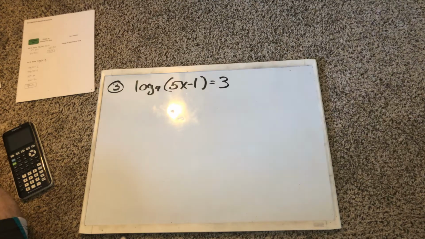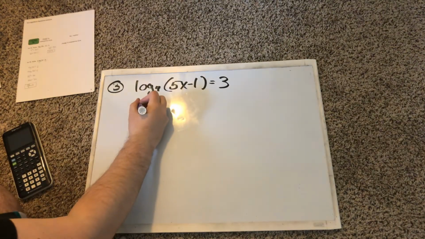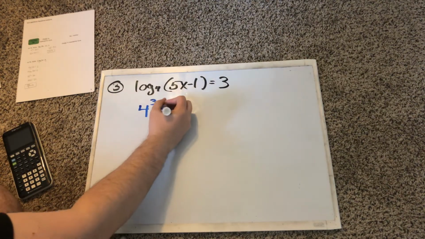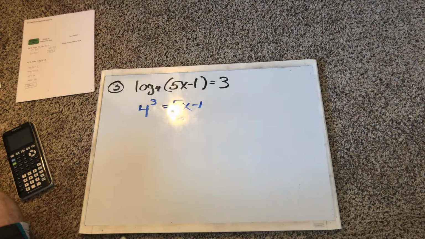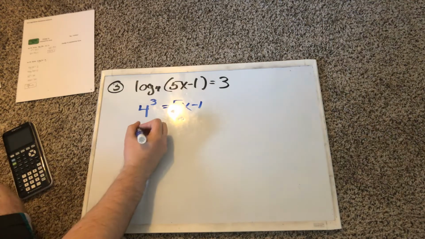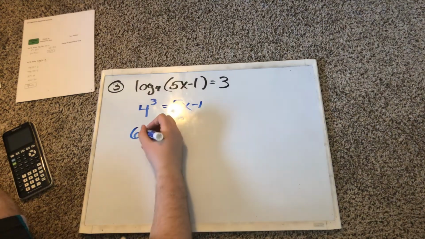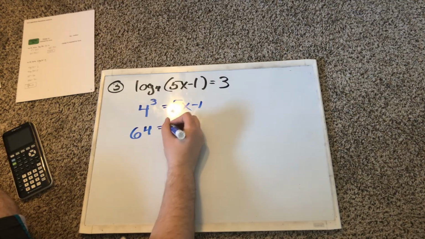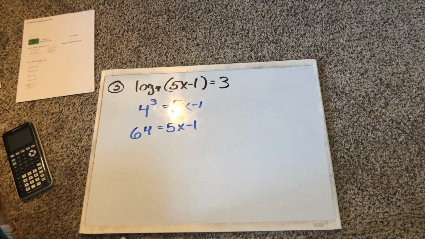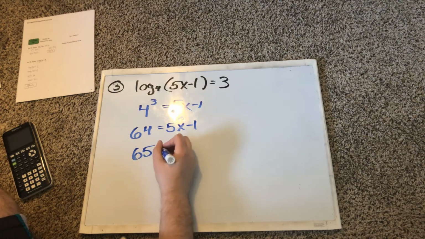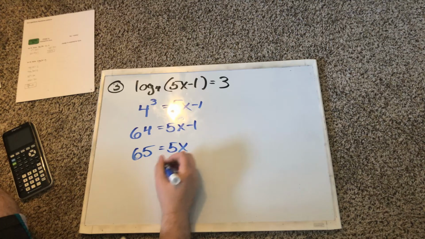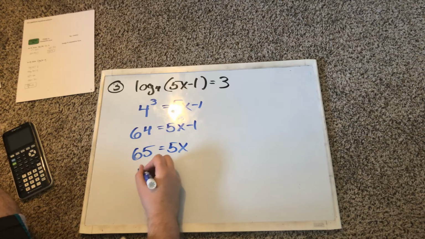When I change to exponential form, I have my base 4 raised to the third power equals 5x minus 1. Well, if I put 4 to the third in my calculator, I get 64 equals 5x minus 1. And now this is a really easy problem that we can solve. If I add the 1 over, I get 65 equals 5x. Divide both sides by 5, and I get 13 is equal to x.